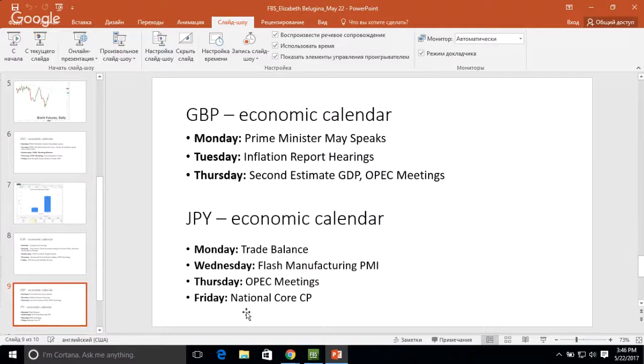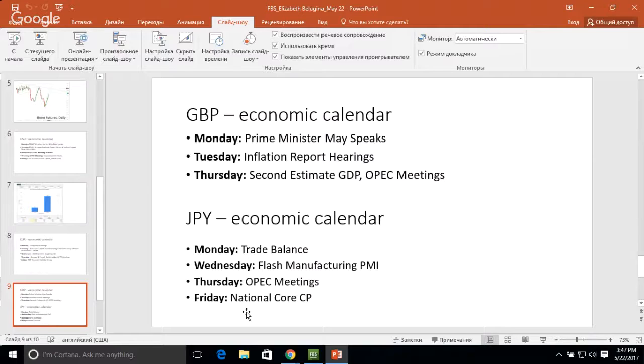We'll get fresh information from the Bank of England. If Carney says that it is ready to tolerate higher inflation, if he underlines that, then the British pound will likely feel negative pressure.